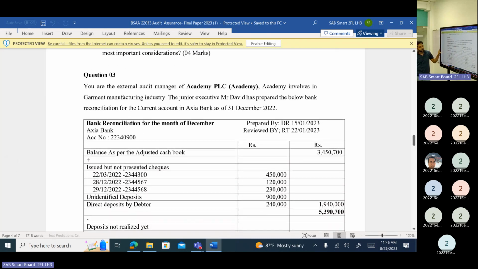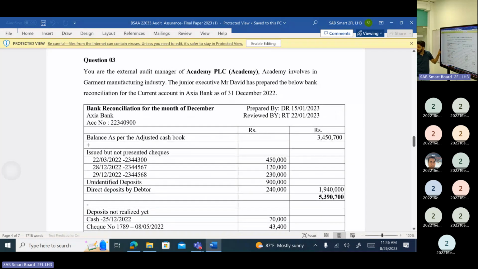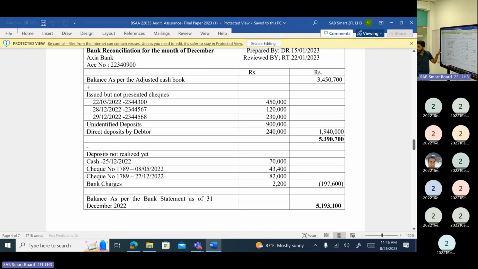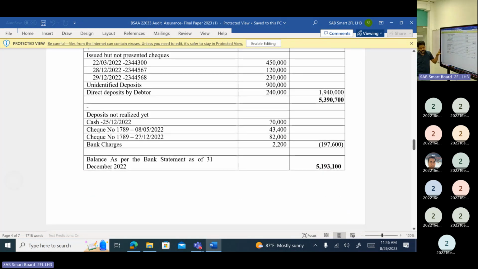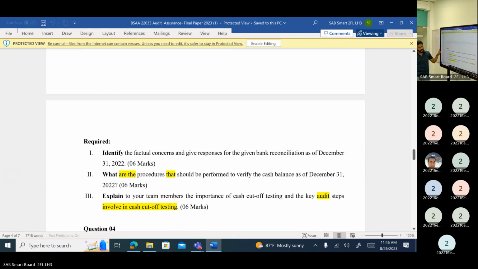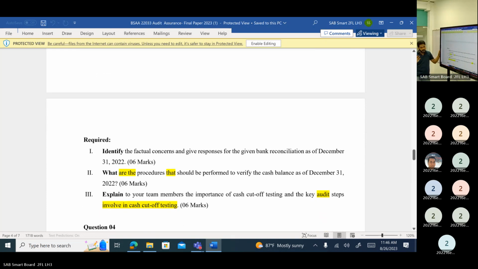Question 3 is kind of a bank reconciliation, right? You have to identify the different areas, meaning the doubtful areas. Use the bank statement and bank reconciliation, identify factual concerns and give responses for the given bank reconciliation.